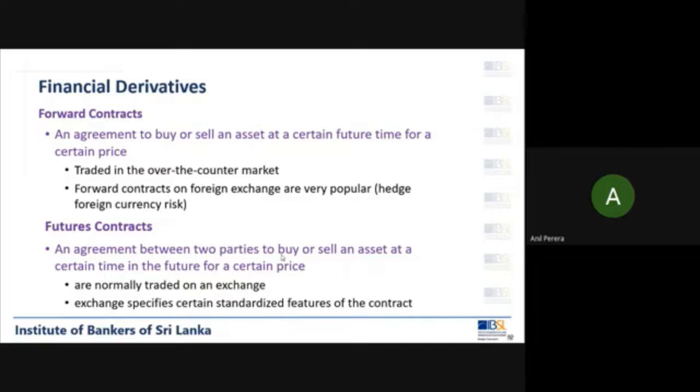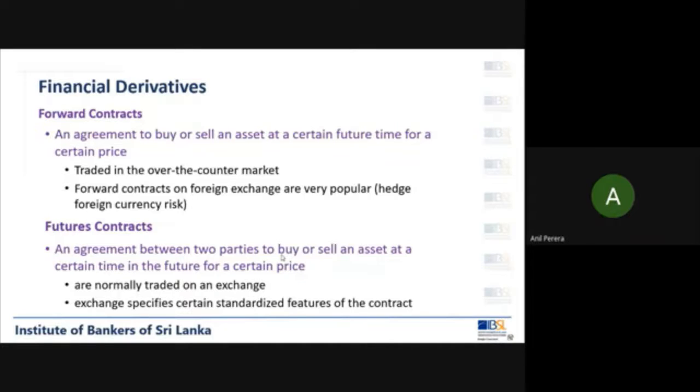The first category, as I mentioned, forward contracts. A forward contract is a contract agreed between two parties, which means there should be two parties, let's say party A and B, to buy or sell a financial asset at a future date at the price agreed today in the contract.